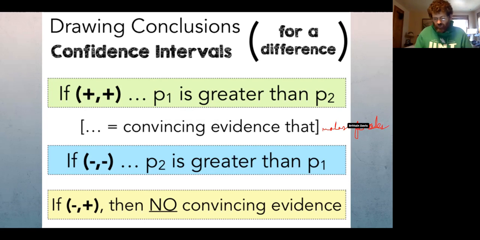But if we had switched it to males minus females and males had been P1 and females had been P2, then we would have ended up with this kind of a confidence interval. And we would have said still that P2 is greater than P1, females were still greater. But if you end up with this kind of confidence interval, you cannot make any kind of decision.